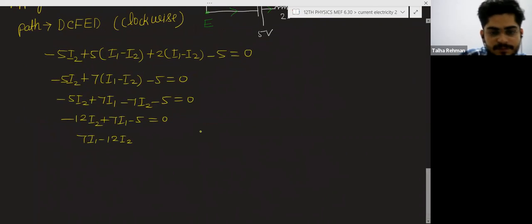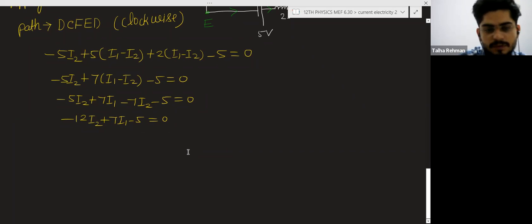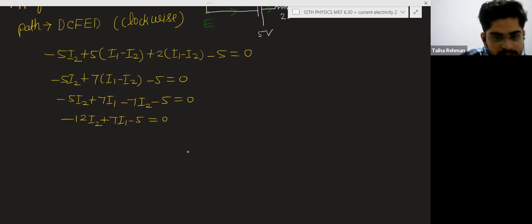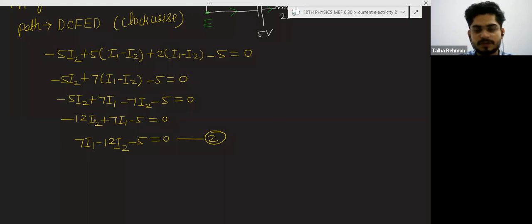Here you will take minus 5. When you take minus common from here, this will become plus. So you will write here 7 I1 and minus 12 I2, and this is minus 5 equal to 0. This is equation number 2 you will get.